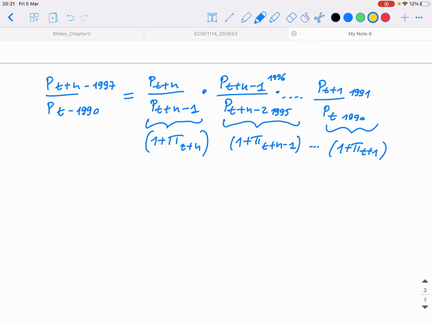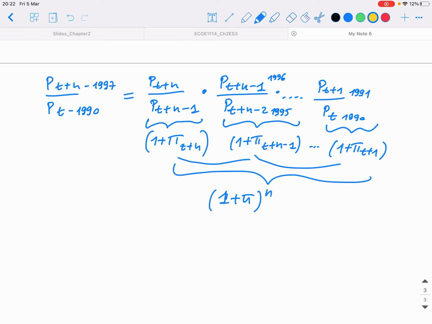And so in this case you see that here we have a multiplication of all of them. If p is constant, then we can express all this as 1 plus p to the power of n, where n is the number of years, and that will be exactly this first expression here, okay?